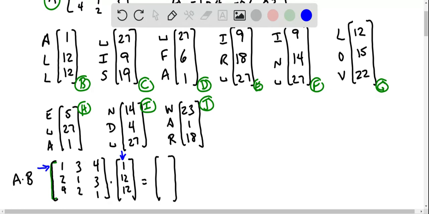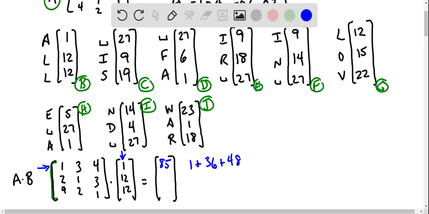Now I only have one column, so my final answer is only going to have one column.